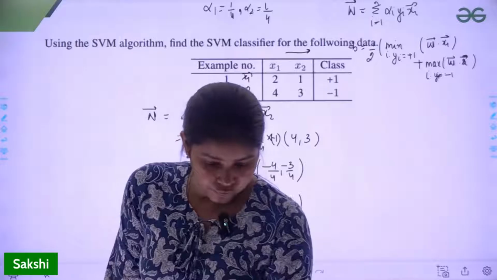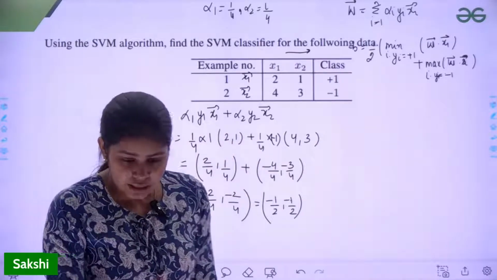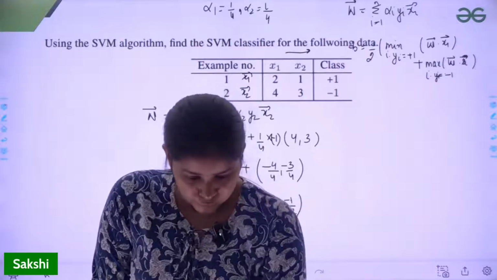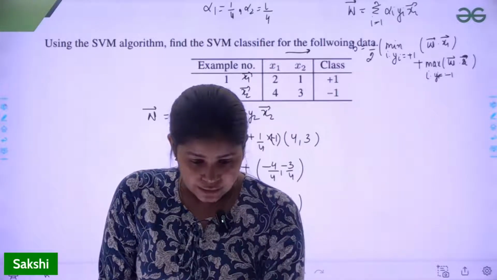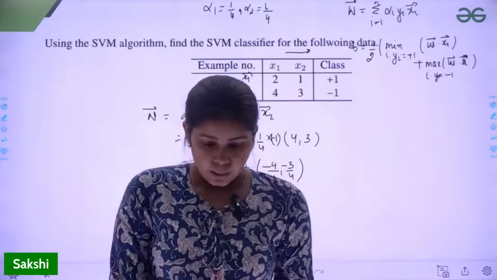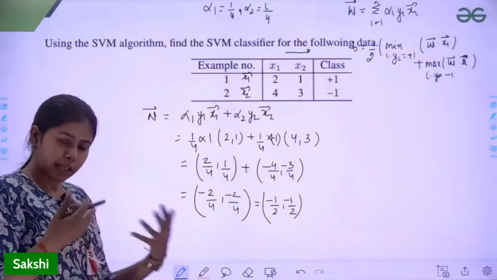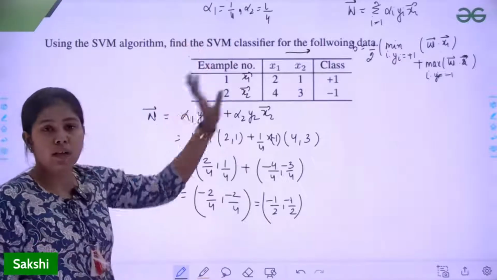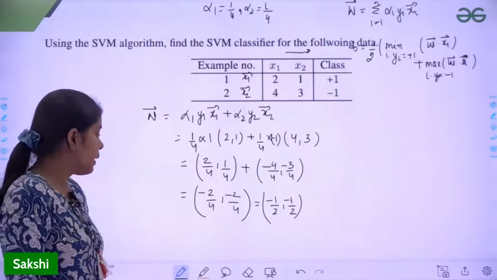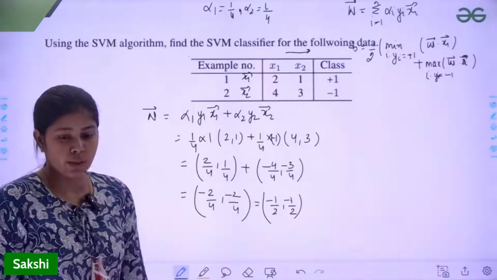Let me know if you got alpha as 1 by 4 comma 1 by 4, because we have seen that alpha 1 and alpha 2 are equal. Just check the calculation once, because I got both values as 1 by 4. Here I got the w vector as minus 1 by 2 comma minus 1 by 2.